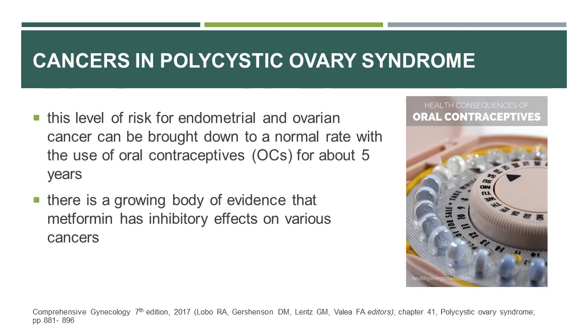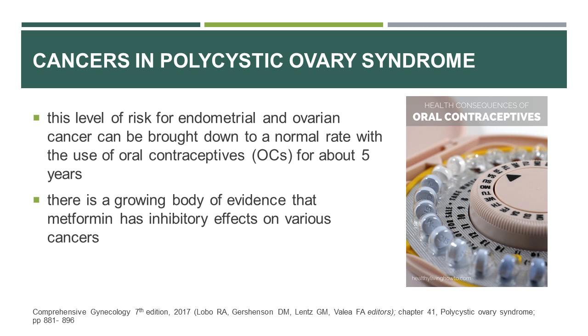This level of risk for endometrial and ovarian cancer can be brought down to a normal rate with the use of oral contraceptives. The decreased risk of these cancers with the use of oral contraceptives for about 5 years is very well known in studies, and this translates into a good strategy for normalizing cancer risk in women with PCOS, particularly because many women normally would be treated with oral contraceptives in any event for other symptoms of PCOS.